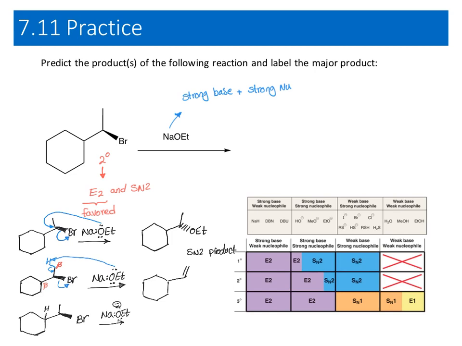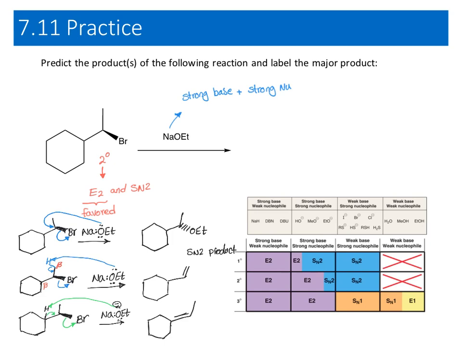So if I remove this beta proton, I'm gonna form a bond here and the leaving group leaves. So I'm gonna get both of these products.